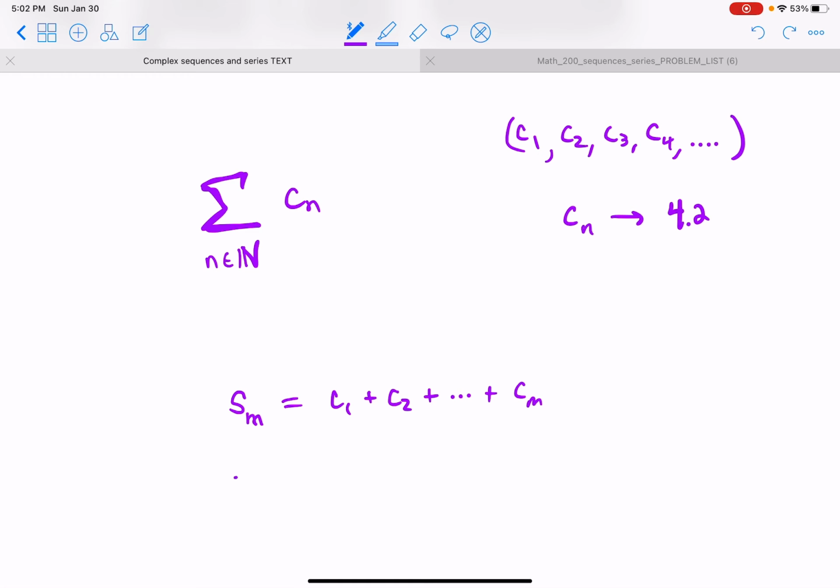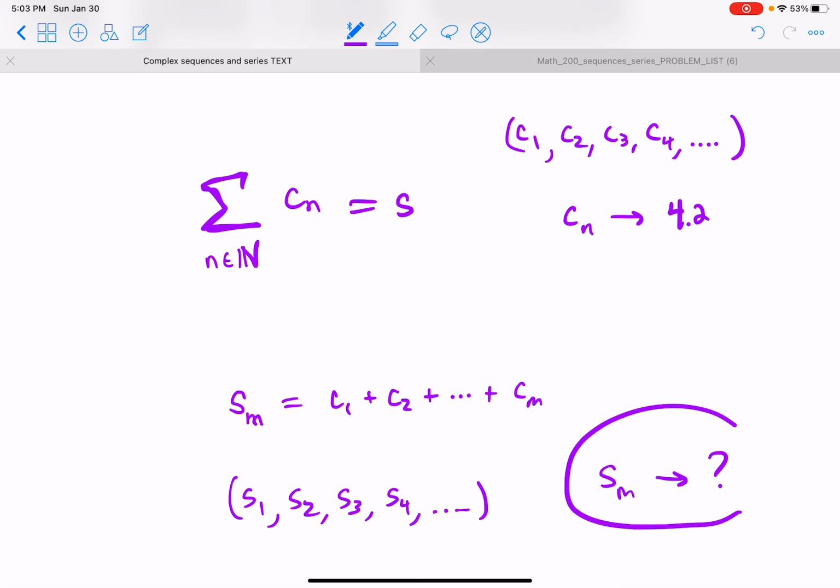Okay, and then you have this new, completely different sequence, and you can ask, does this sequence converge? And then by definition, this infinite sum equals S exactly when this sequence does converge to S. Okay, that's the definition.